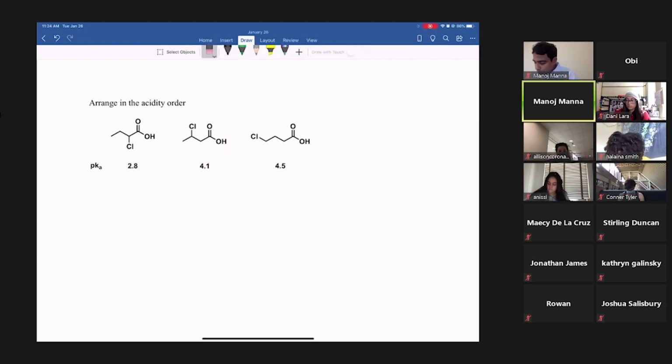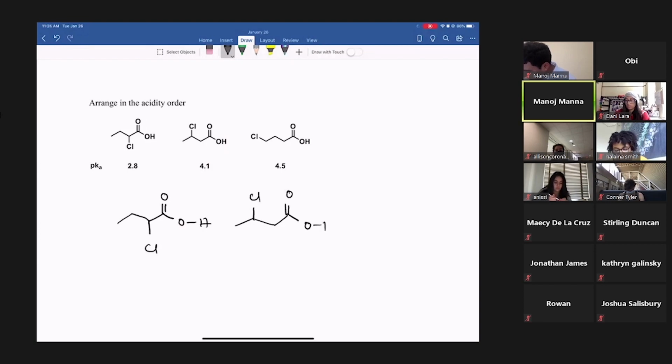So if I redraw these three molecules: one, two, three, double bond O, bond OH, and you have a chlorine atom over here. Now, second example, Cl, bond, double bond O, bond OH. Third one, chlorine, double bond O, bond OH.